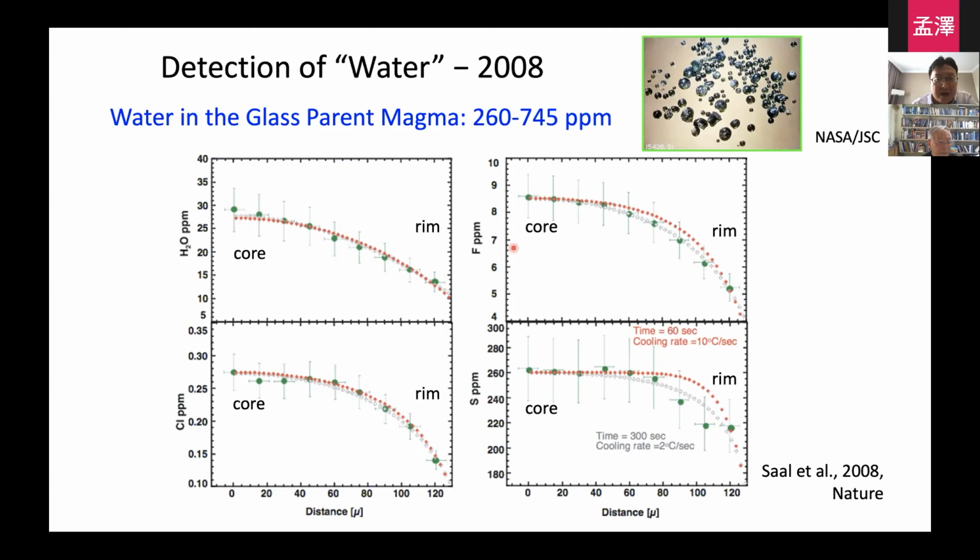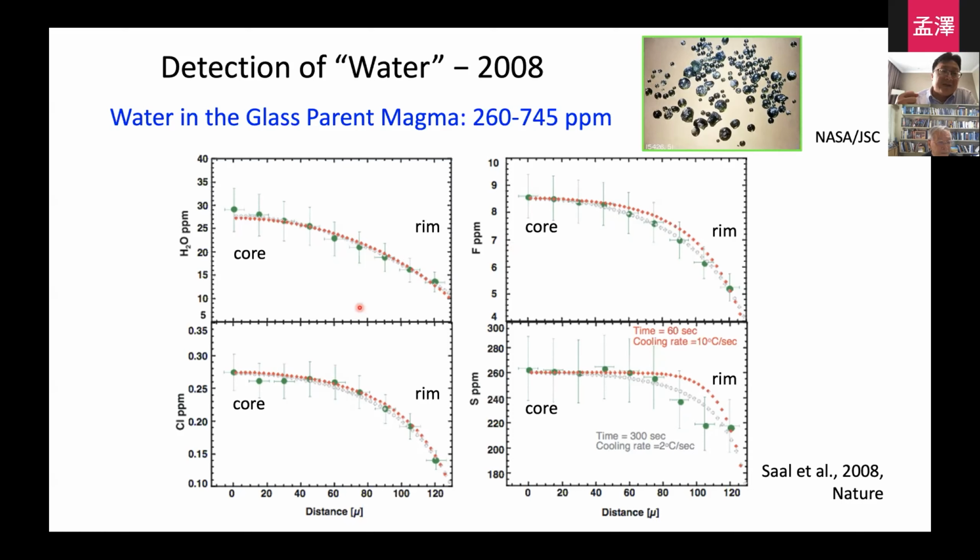This suggests that the water or fluorine, chlorine, and sulfur must not be contamination from the laboratory during analysis, because if it were contamination, then it would mean the rim contains more water than the core. And of course, fluorine, chlorine, and sulfur typically cannot be contaminated in the laboratory.